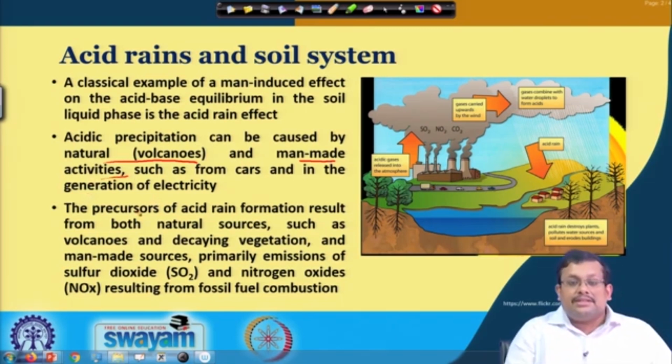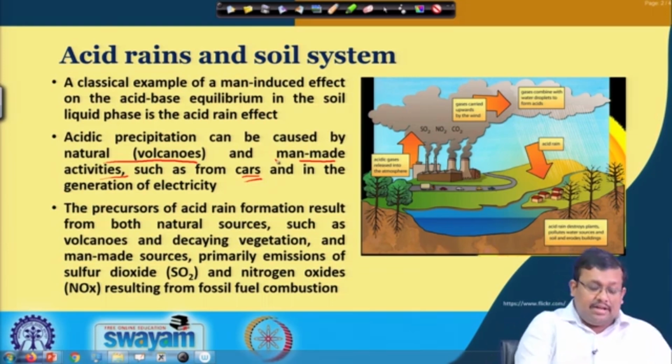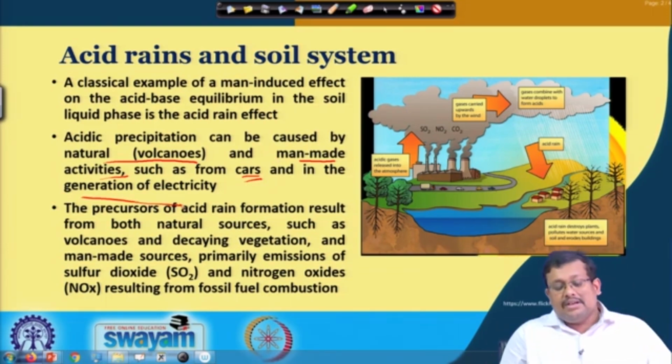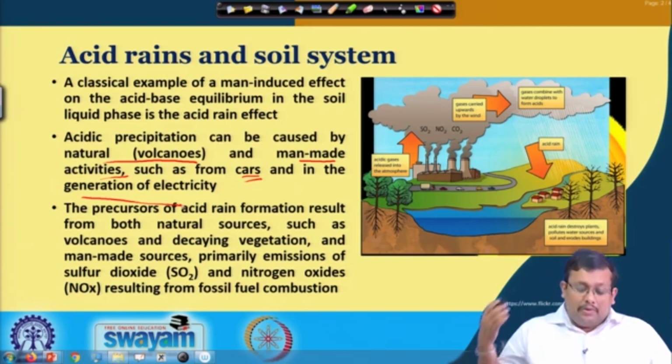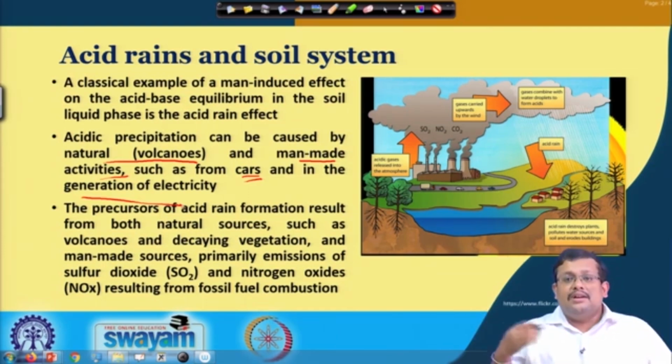What are the man-made activities? These gases can be, for example, sulfur dioxide, which can be generated from car exhaust, and also in the generation of electricity. When these gases go to the atmosphere and mix with water vapor, they produce acid rain.